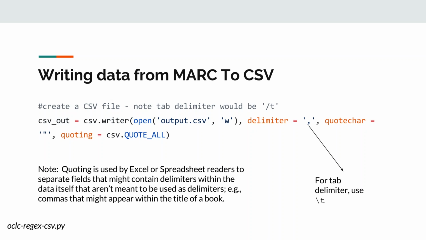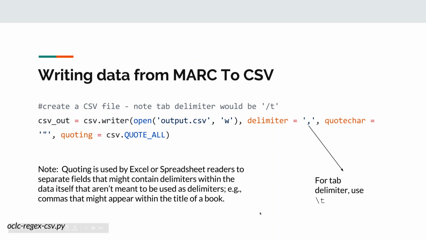So depending on what you're using your CSV file for, if you're using Excel, I would just go ahead and use the quotes. If you're ingesting into some other system that's really expecting plain text, maybe you have another delimiter that you're using, like a pipe delimiter, don't even bother with the quoting. So if you don't do any quoting, you can just leave out the quote char and quoting from the statement and just have the delimiter and close the parentheses.